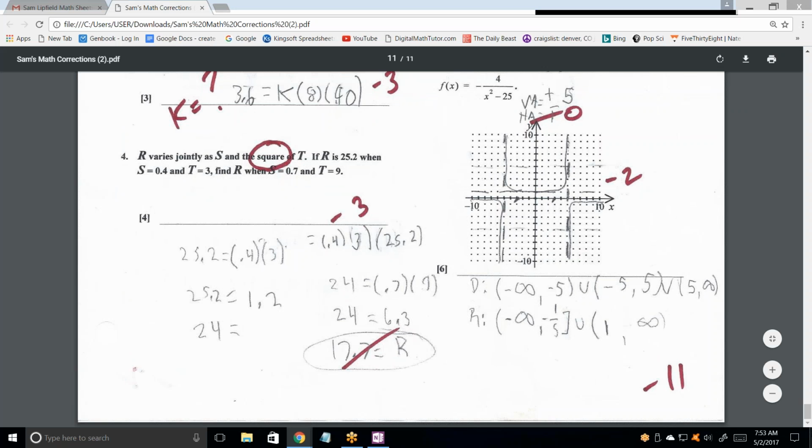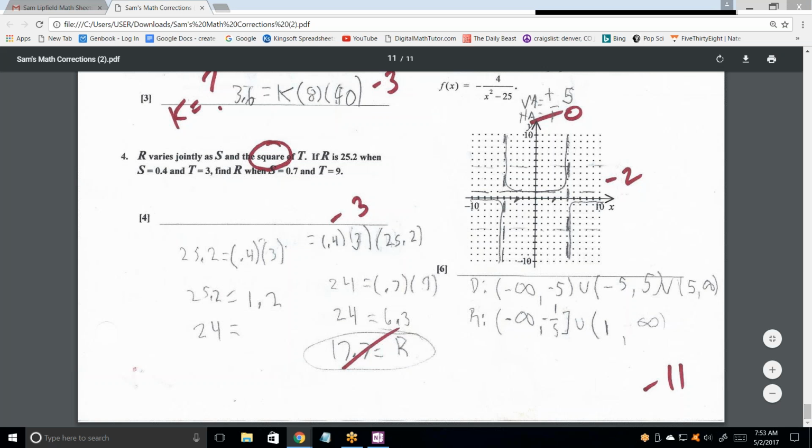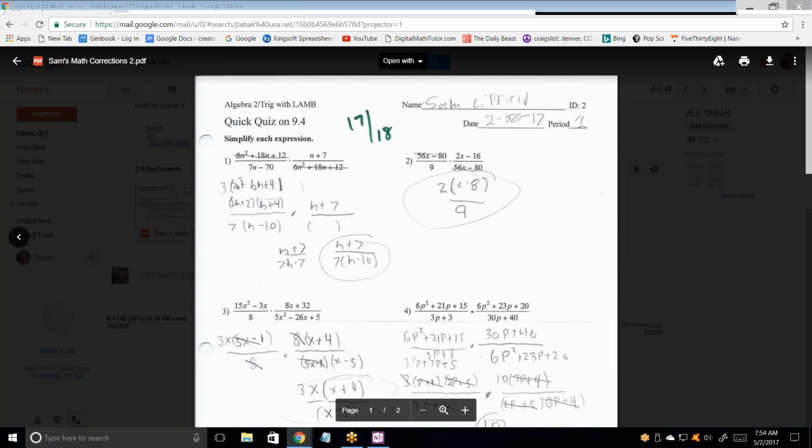Okay, that makes sense. I know which one we have to do next. I think we're done with this page. Could you just go back to the email that my mom sent me? And just click on the far right document there. Just to click on it or open it up? Open it up, yeah, because this isn't the right one.